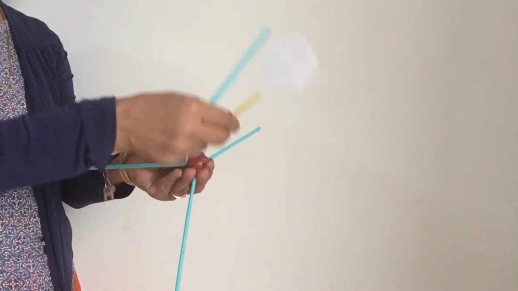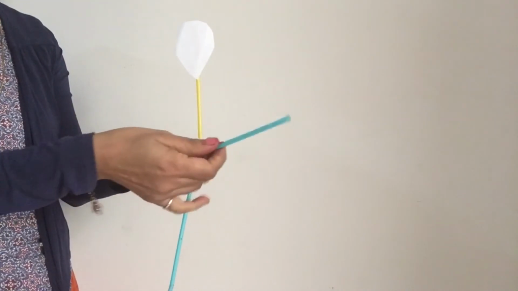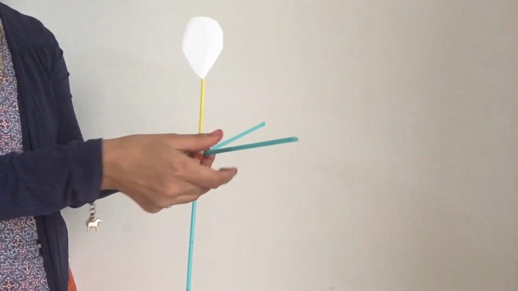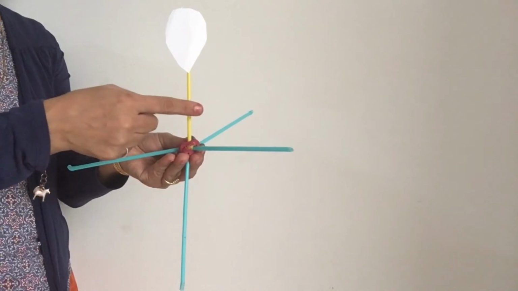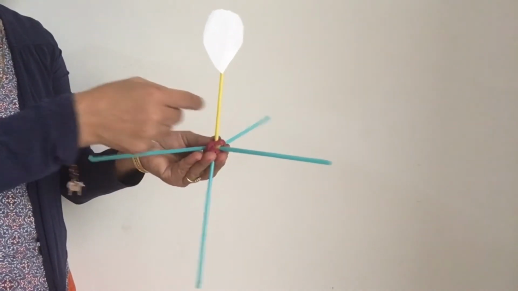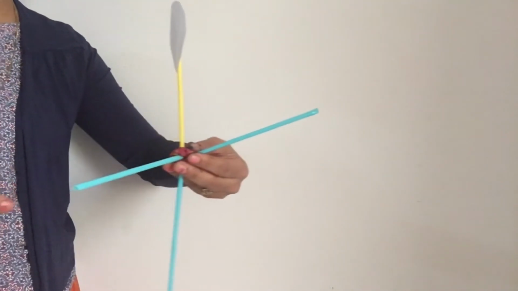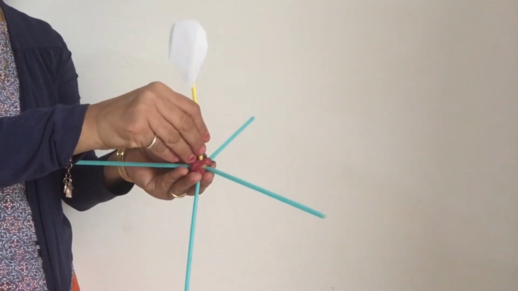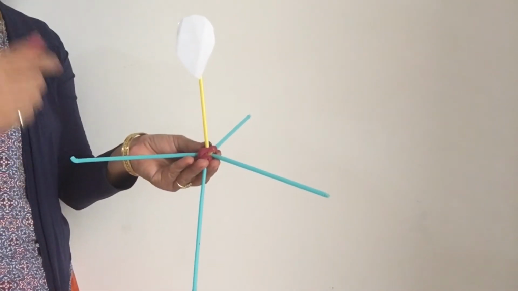If this lone pair was occupying this position, then what is it facing? Lone pair, bond pair, lone pair, bond pair, lone pair, bond pair. Look at the kind of repulsions it has to face. So which one will it choose?